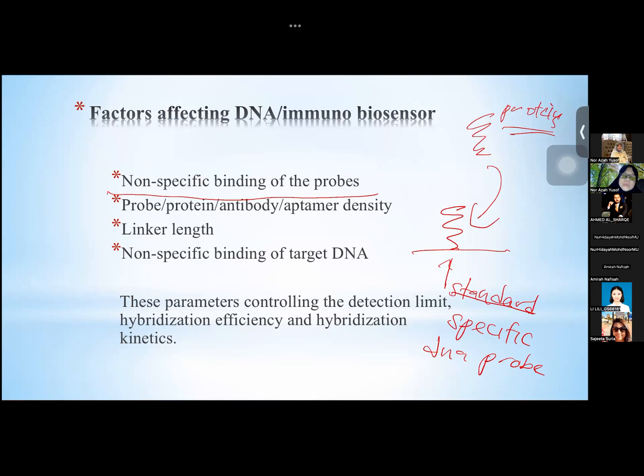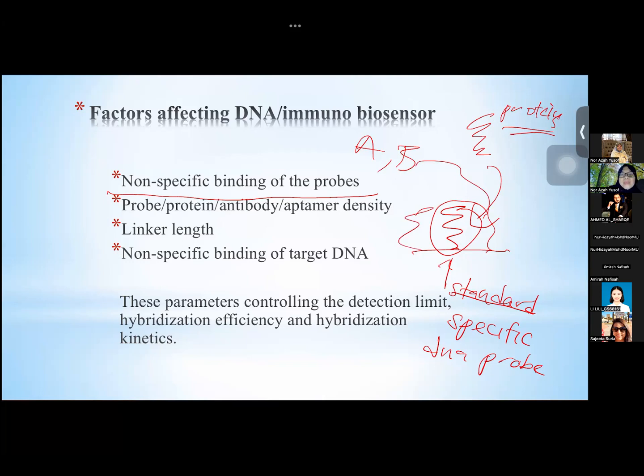The issue with proteins or these biomolecules is that they are full of charges, negative charges, positive charges. So even though you don't want other proteins to interact with the probe that you specifically put on the surface of the sensor, you have difficulty, because other proteins, let's say protein A, protein B, have charges, some positive, some negative, and they still want to be on top of this surface.